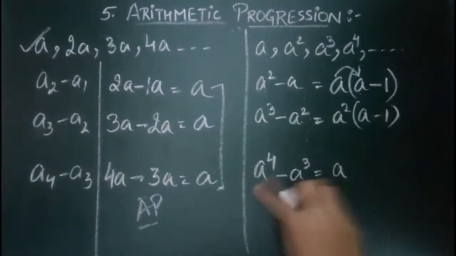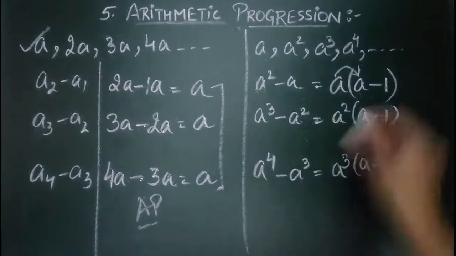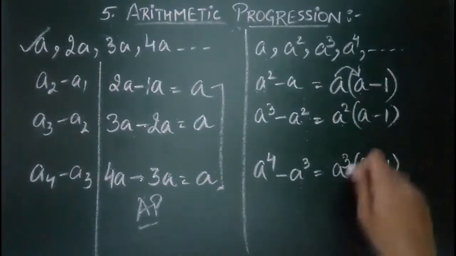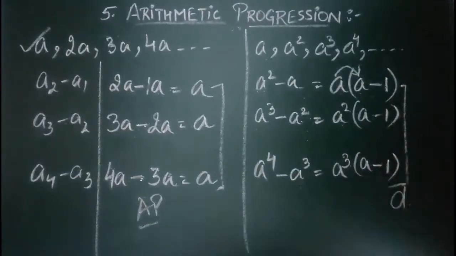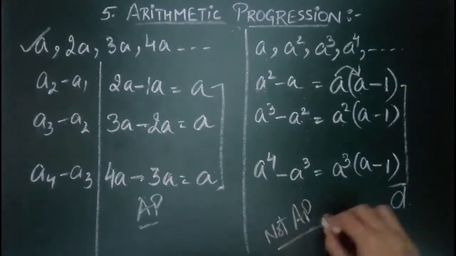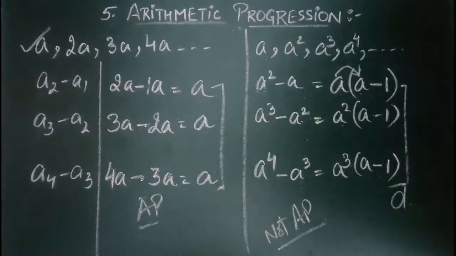So this is a into a minus 1, this is a square into a minus 1 and this is a cube into a minus 1. So the common difference is not constant and not the same. So this will not form an AP. So in this way we can find whether the given sequence is an AP, an arithmetic progression, or not.